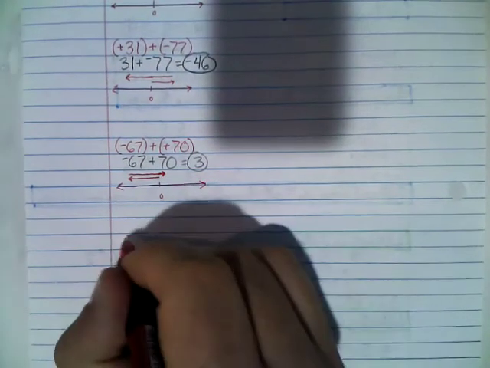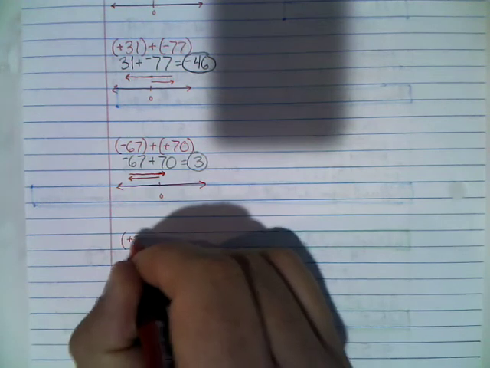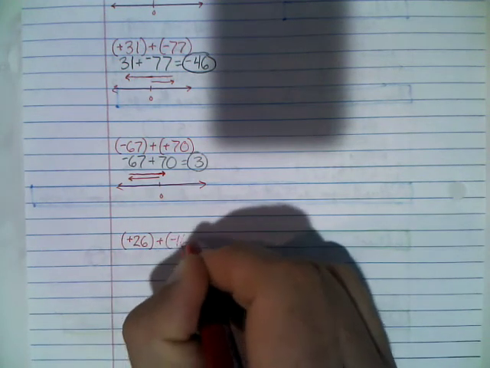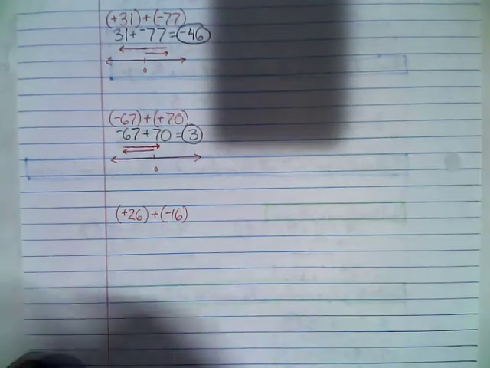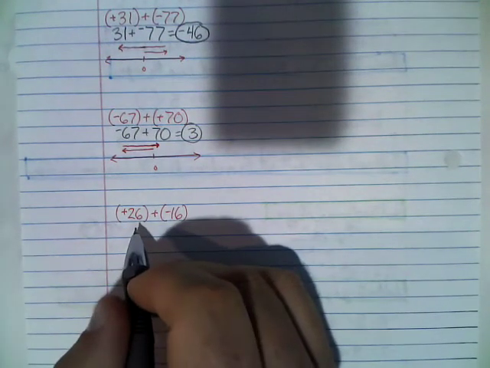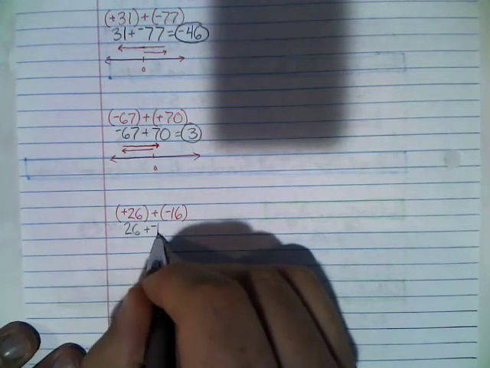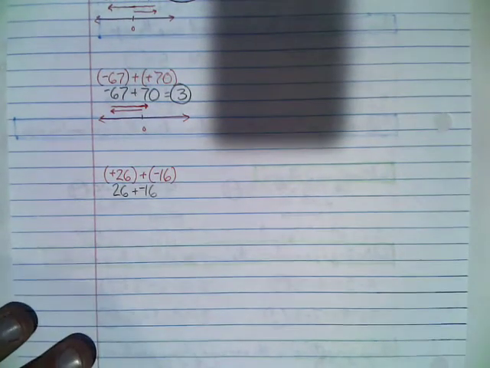Next example, let's say the book gave you a positive 26 plus a negative 16. And so here, I'm going to write 26 plus a negative 16. So likewise, think through your sketch.